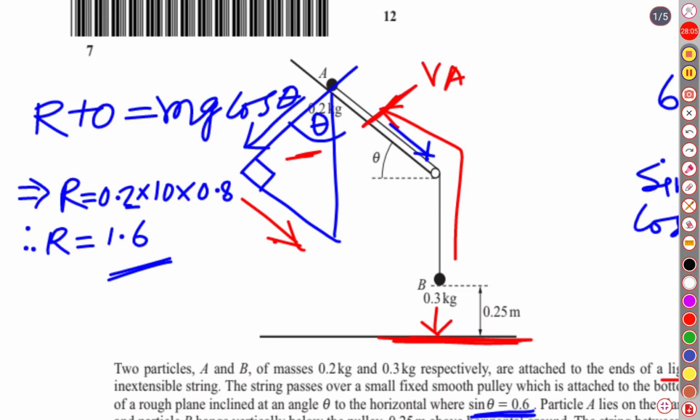The string has already slackened. It is no more tight and inextensible. As there is no tension acting in the string, the only driving force is the weight. Please don't get deviated from the main concept. Only weight is trying to move particle A downward, so the tension will go away.